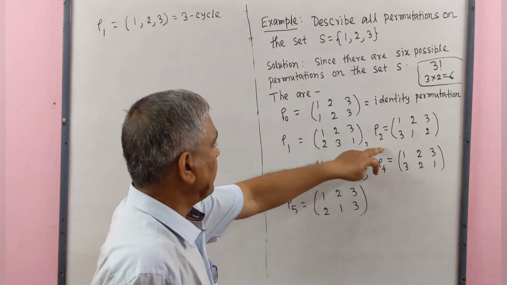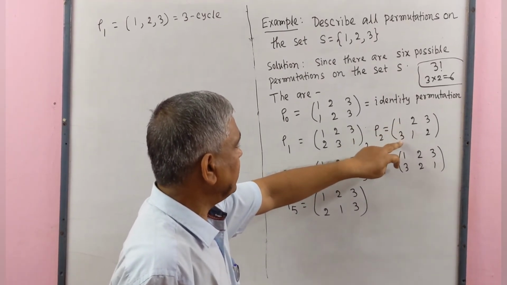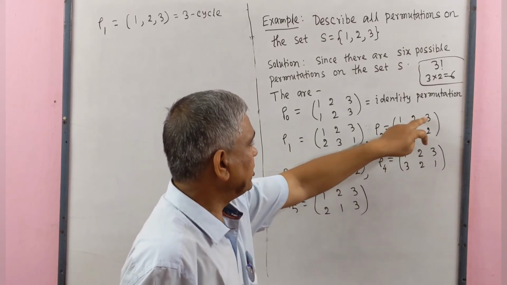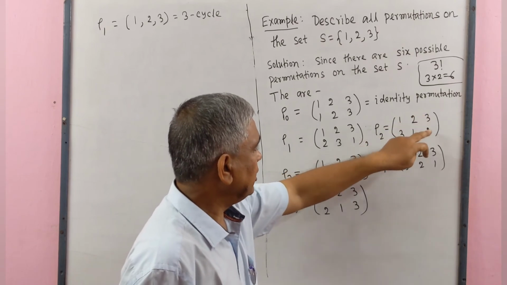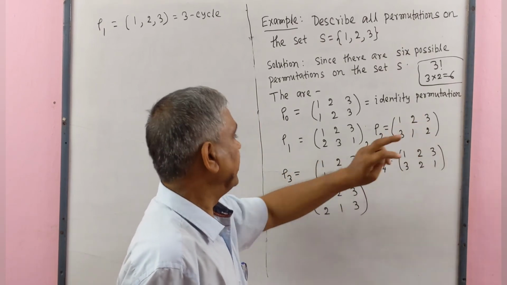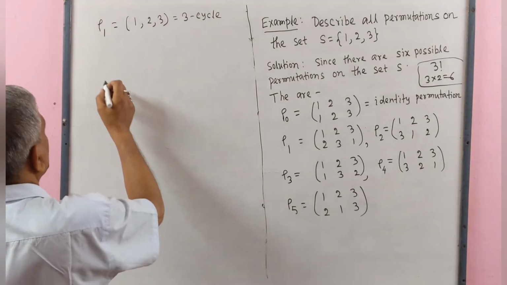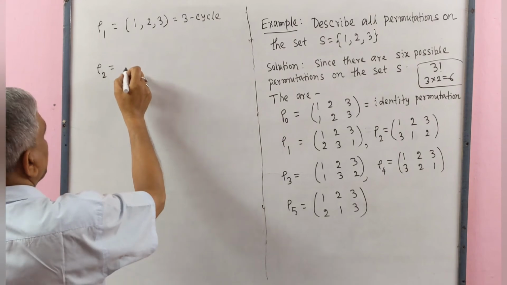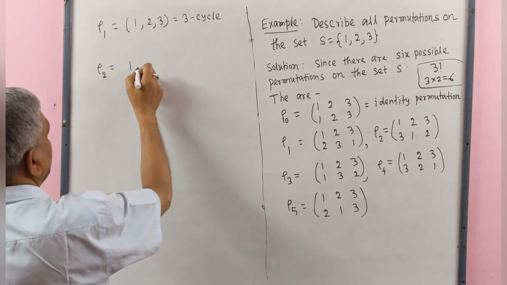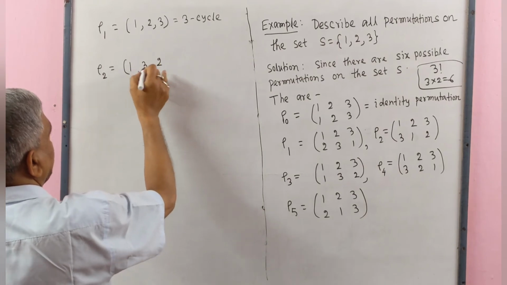Now row 2. Here the image of 1 is 3, image of 2 is 1, image of 3 is 2. Here 1, 3, 3, 2, 2, 1. This is also a 3-cycle. Row 2 equals (1 3 2), a 3-cycle.